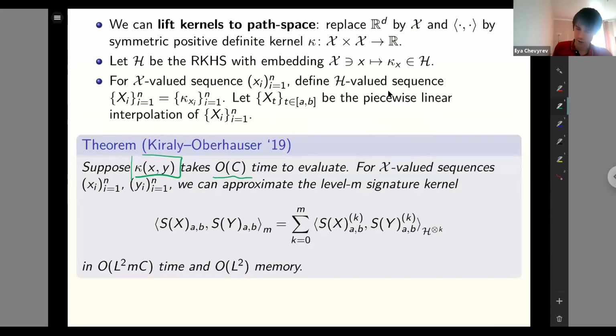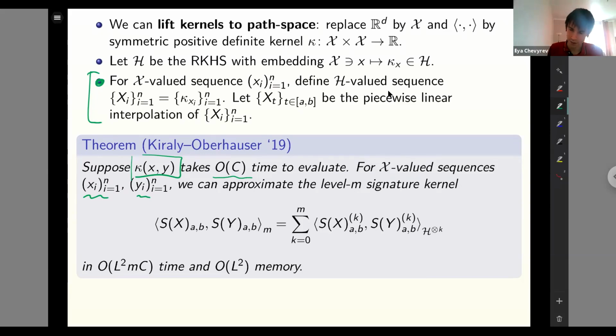Then if we take x-valued sequences, xi and yi, and build the paths capital X and capital Y according to this third bullet point up here, then this level M signature kernel still makes sense. You can still compute these inner products.